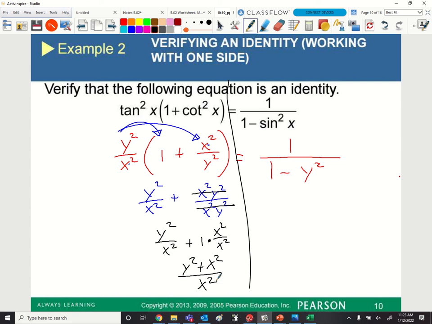But watch this. What is y squared plus x squared? Y squared plus x squared. What's x squared plus y squared equal to? R, which is 1. Yes, very good. The identity that we're missing here is x squared plus y squared equals 1.